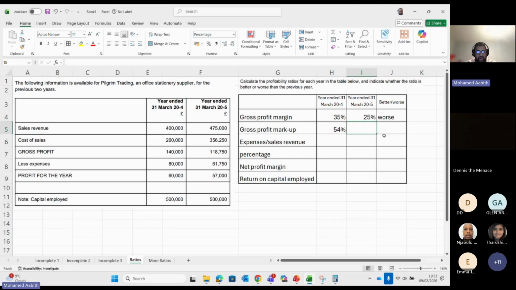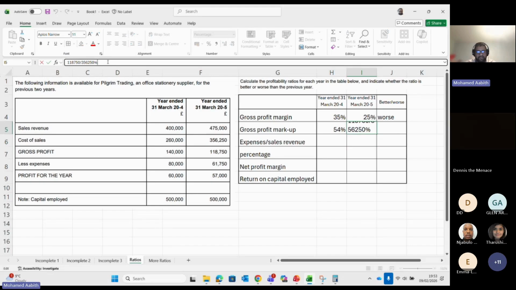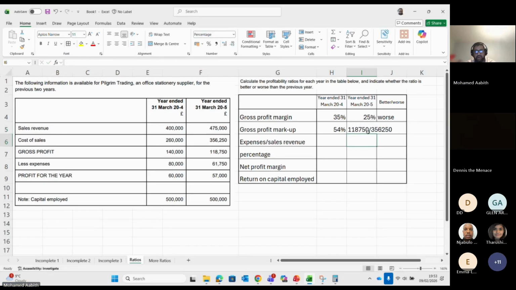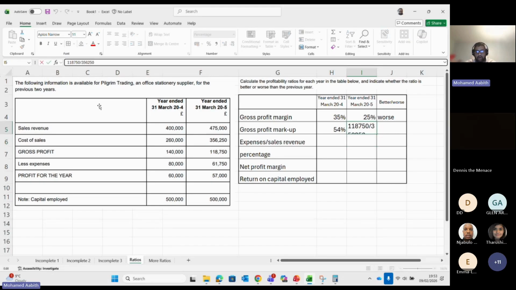On the next scenario, 118,750. Oh, hold on. Why do I have a percentage already there? 118,750 divided by 356,250. Maybe I haven't done the equal sign.